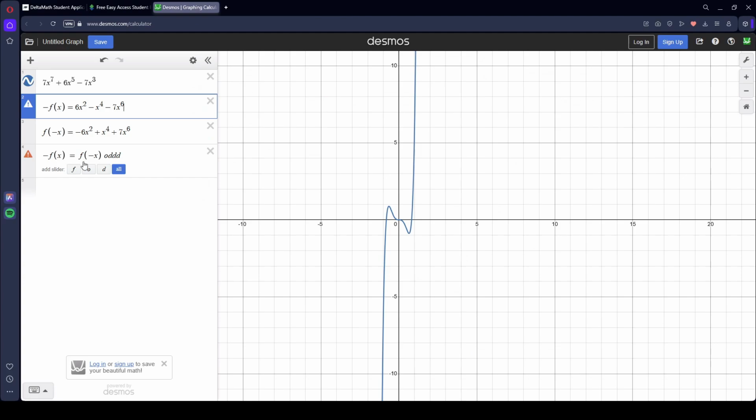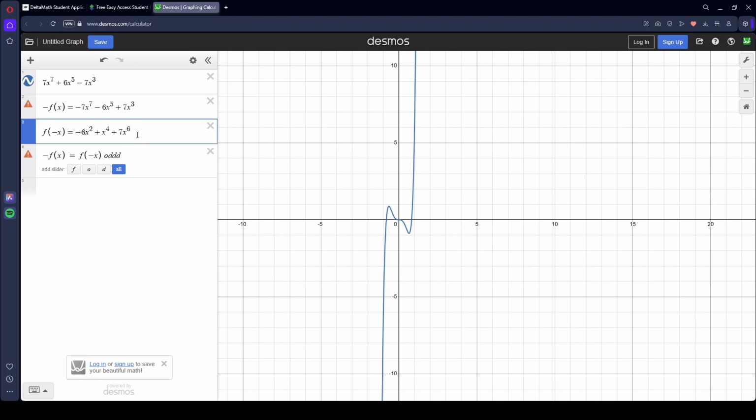Now let's see. Negative f of x is equal to f of negative x. Let's graph these. What is negative f of x? So negative f of x is negative 7x to the 7 minus 6x to the 5. Wait, what? No. 6x to the 5 plus 7x.